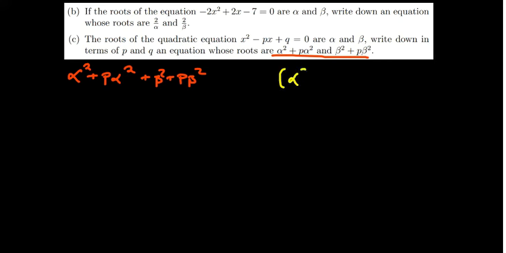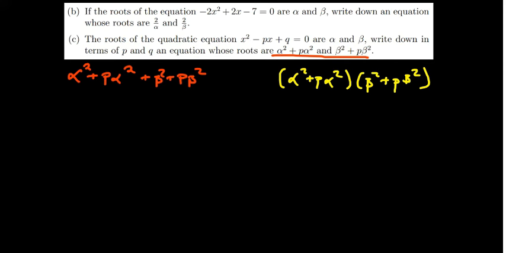So we have alpha squared plus p alpha squared, multiply beta squared plus p beta squared. For addition, remember everything has to be in the form of addition of alpha and beta and also their product.